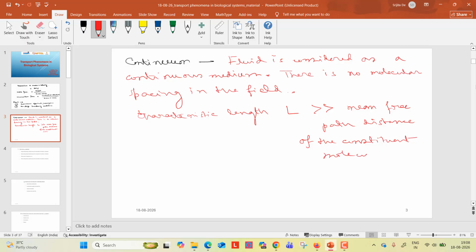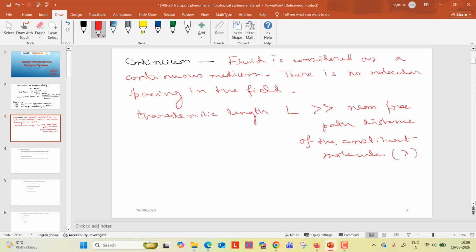You can call it lambda. In the first class itself, I told you what the mean free path is. It is the distance a molecule travels before it collides with another molecule, right? So this distance has to be very small compared to the characteristic length of the system.